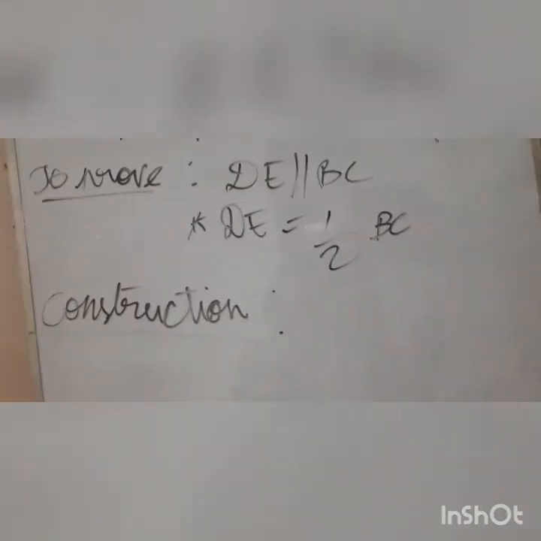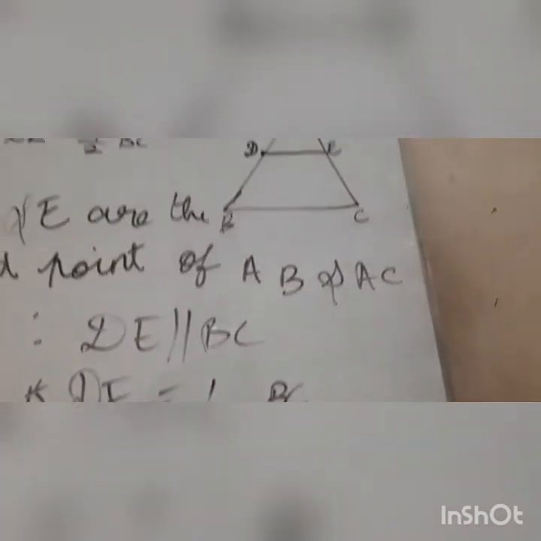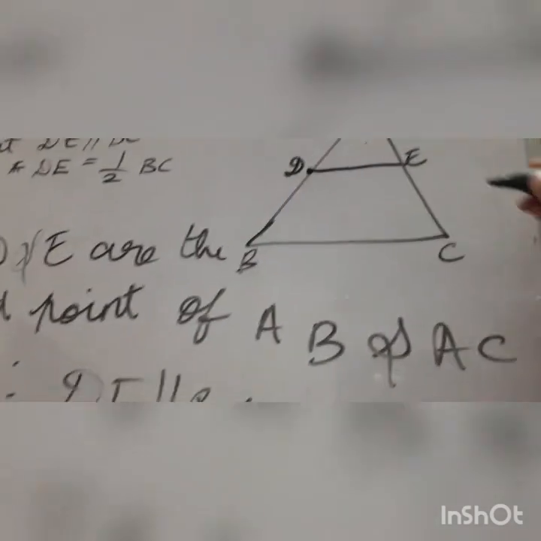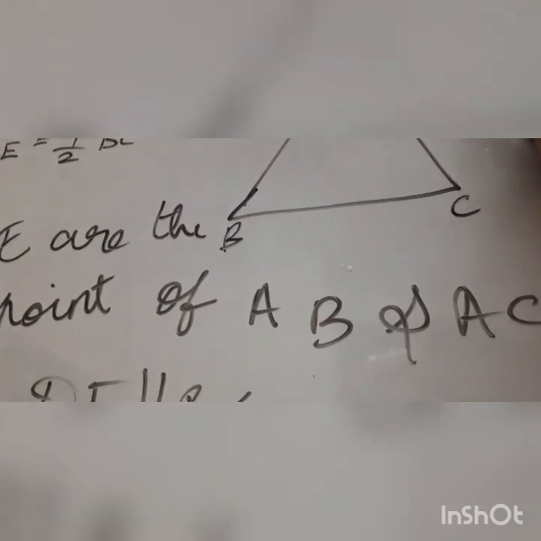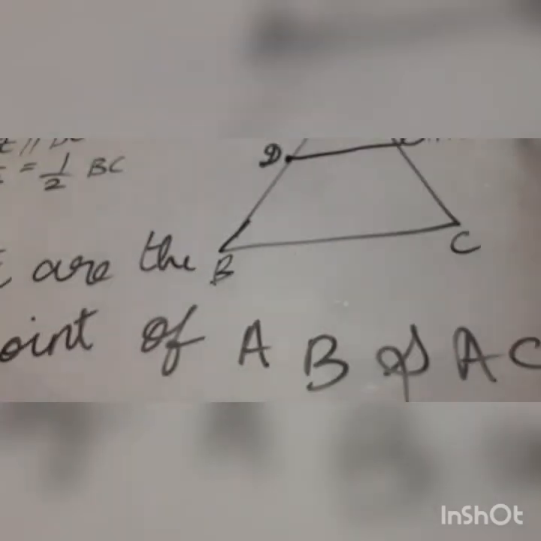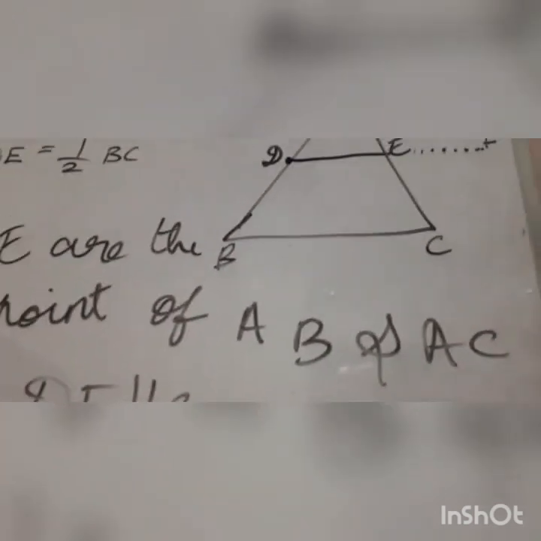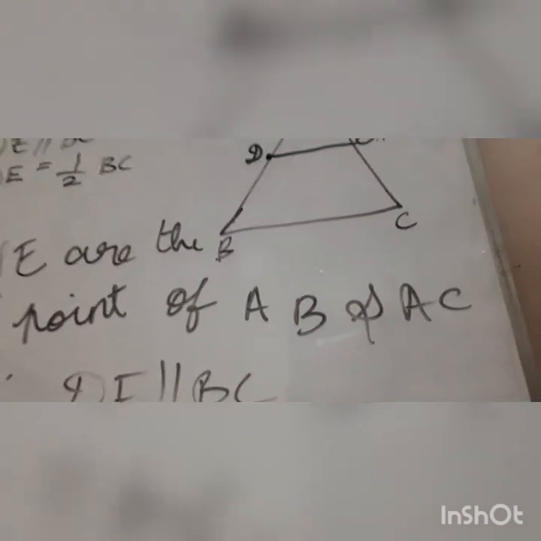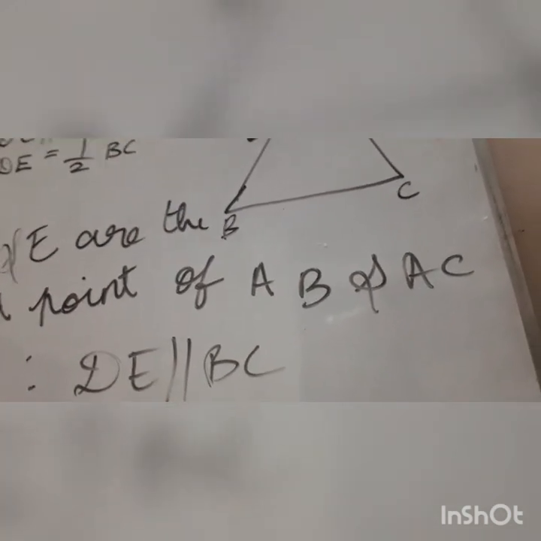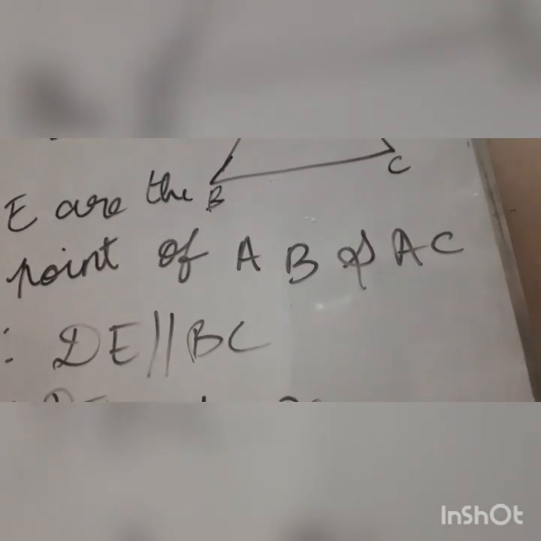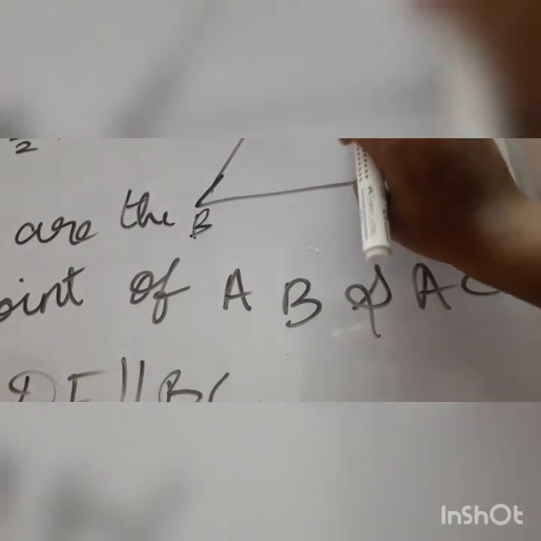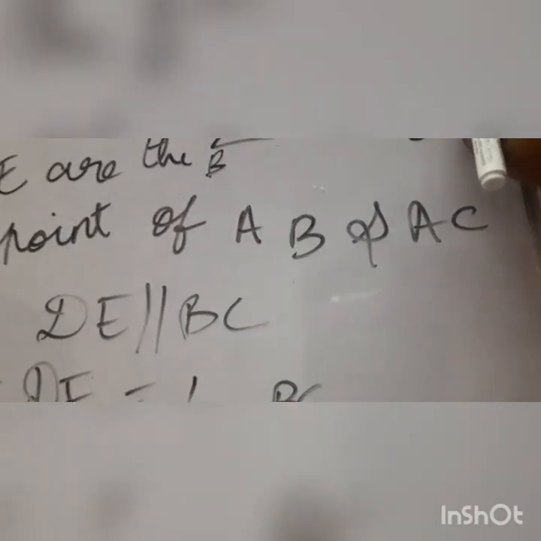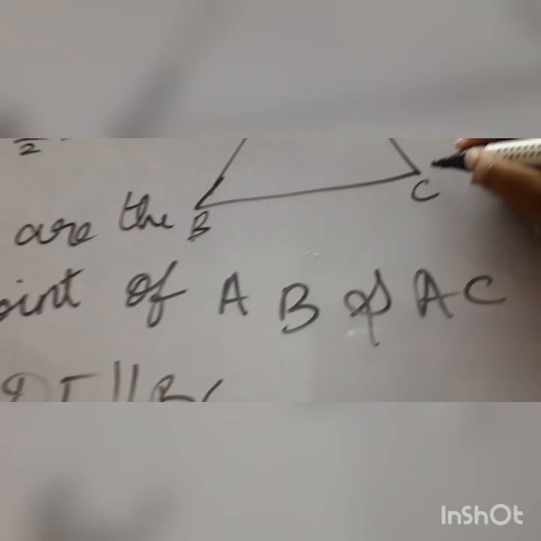The construction is we want to extend the point E like this and give the name F here. Again we want to extend so that DE is equal to EF. Then we should join CF.